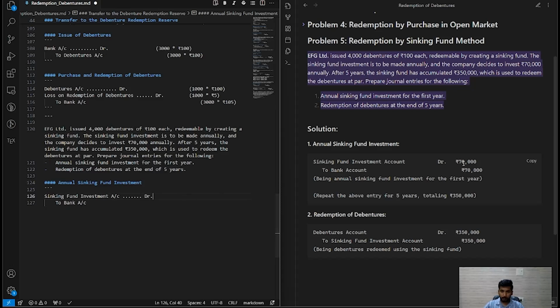And what will be the amount? The amount will be 70,000.